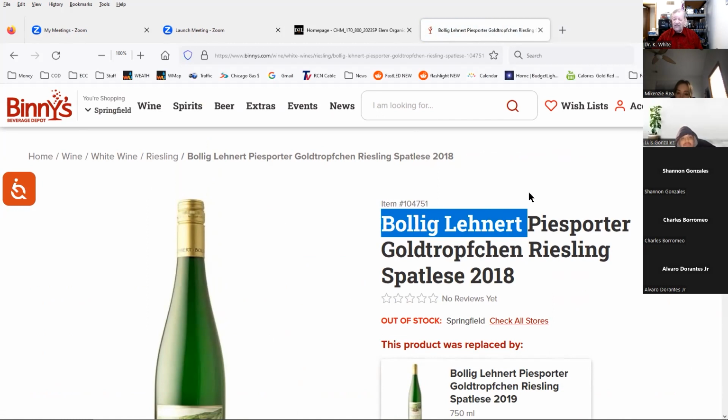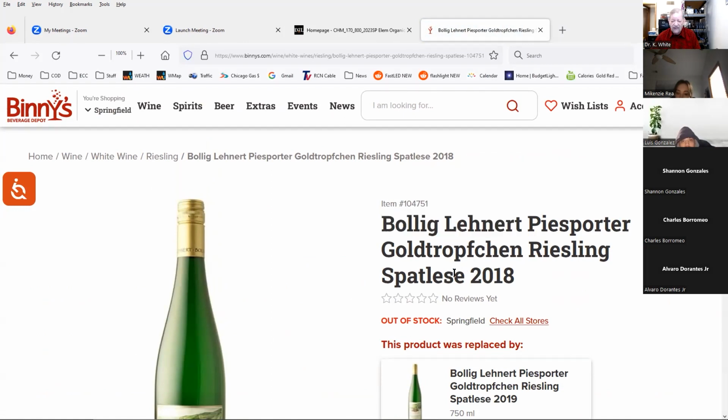I can remember having this a number of times in Germany when I worked there. And you'll find German white wines have different kinds. The sweetest is the Auslese, sweet as Spätlese, and not as sweet as Cabernet. And I like the Spätlese and also the Auslese.